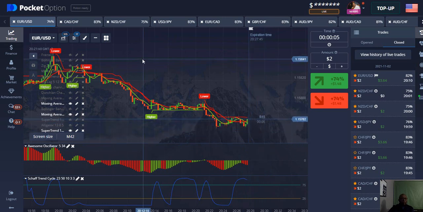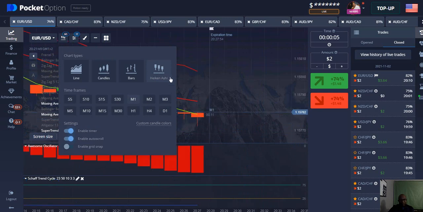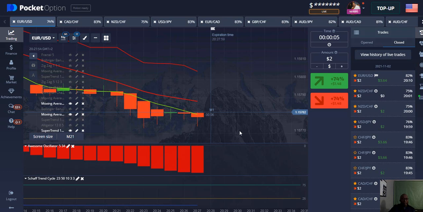Also, I meant to tell you really quick, let me backtrack. I meant to tell you that I'm using the Heikin Ashi candles, is what they should have been. Why do I like the Heikin Ashi candles? Let me set it so it will give you a better look.